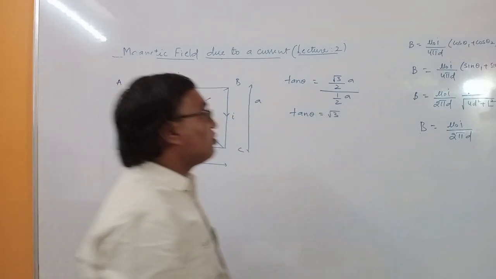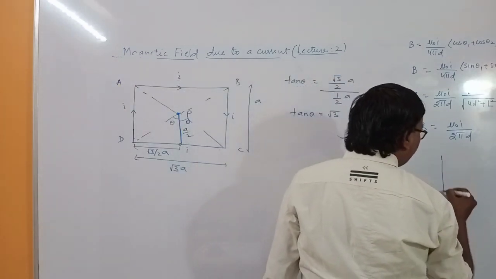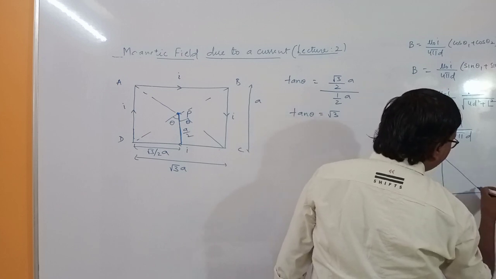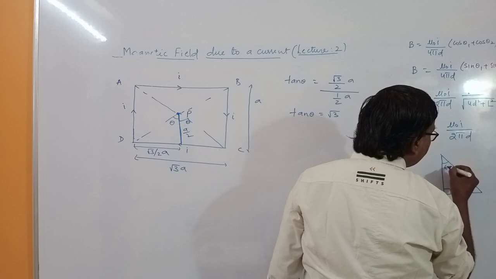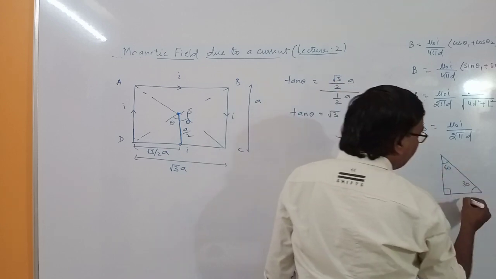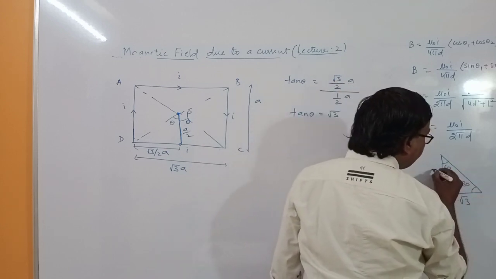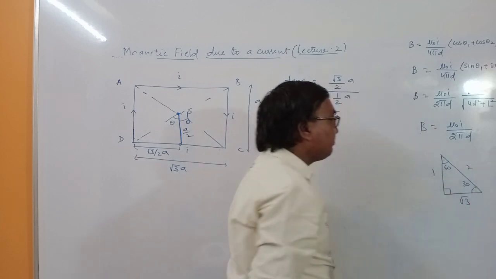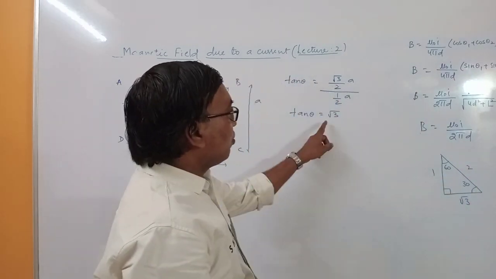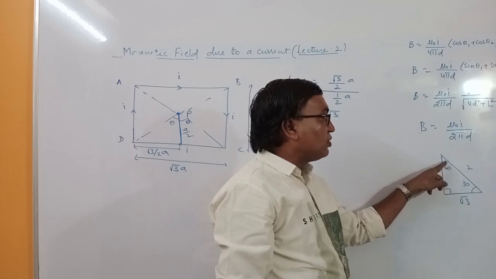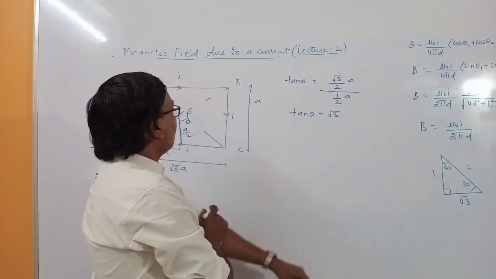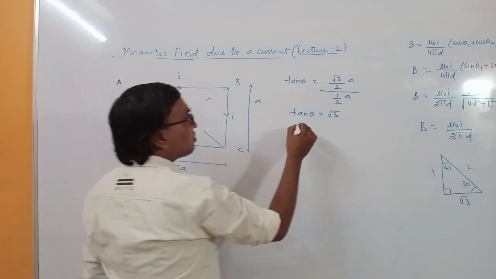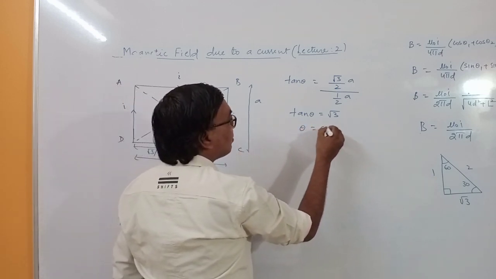So tan theta is √3. So tan theta √3 means what is the angle? So this is 30 degrees for your reference. This is 60 degrees. This is √3. This is 1, this is 2. So tan 60 is √3/1. So √3. So this angle is 60 degrees. So we got theta equal to 60 degrees.